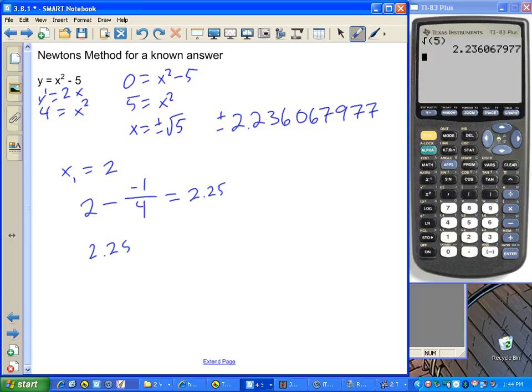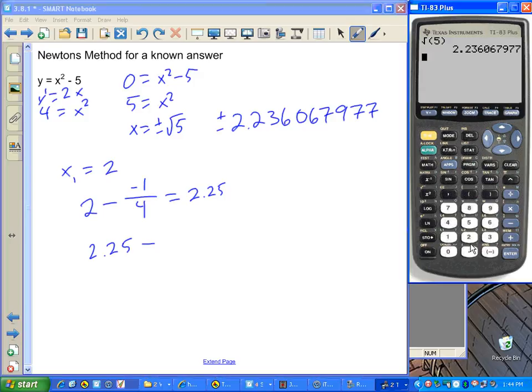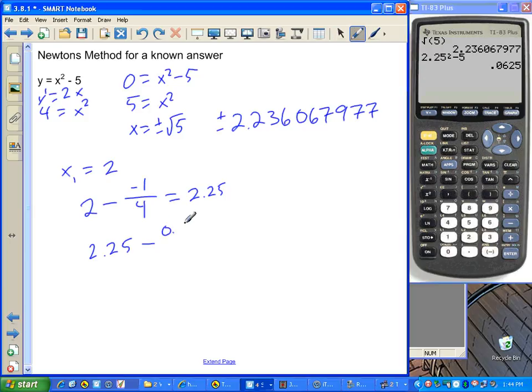So I'm going to take that one and subtract the function at that value, so 2.25 squared minus 5, divided by the first derivative at that value. So it would be 2 times that, which would be 4.5.